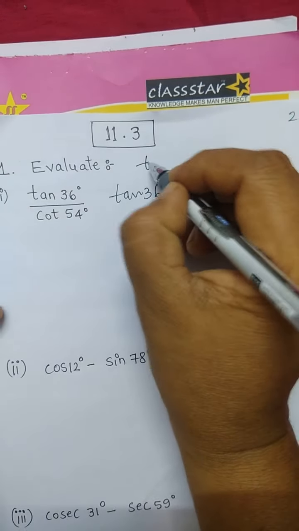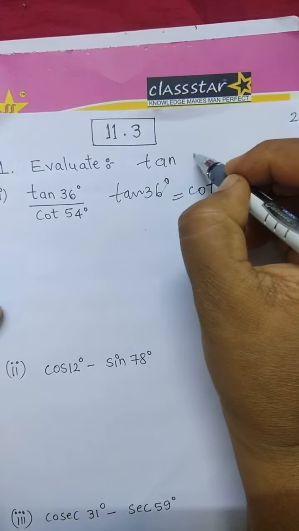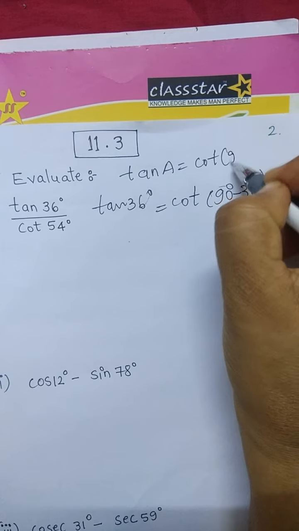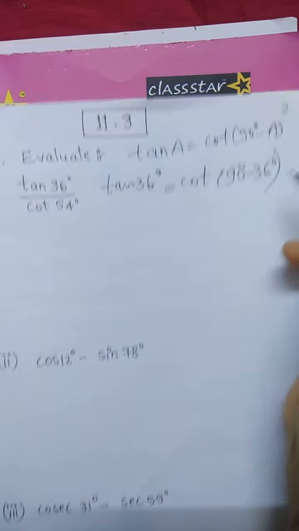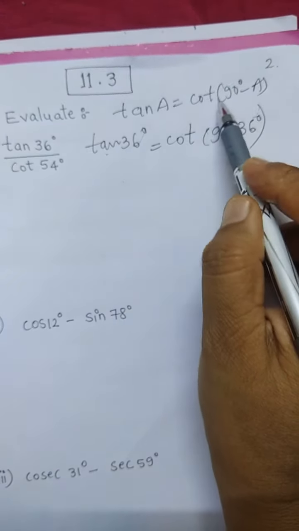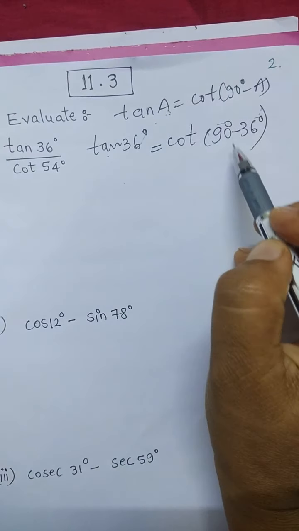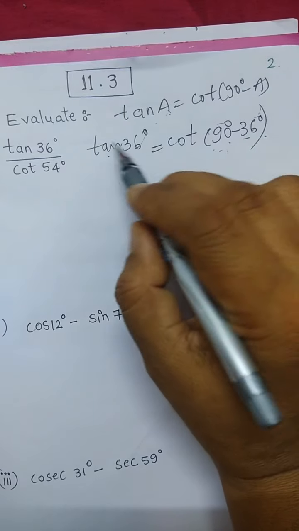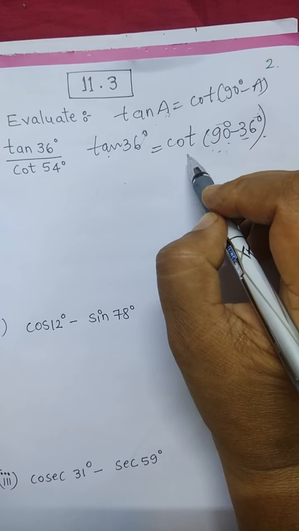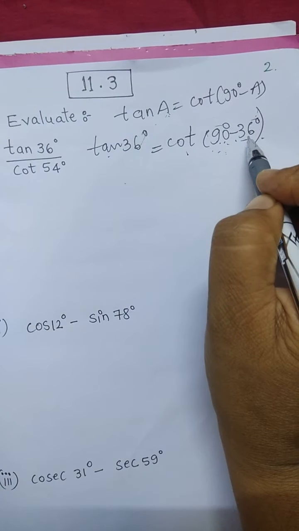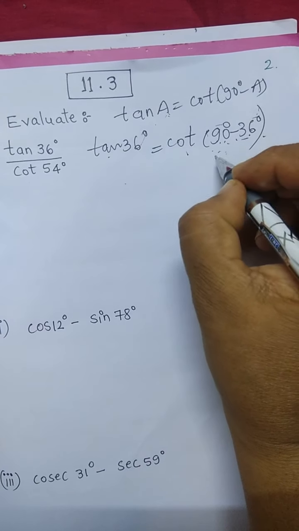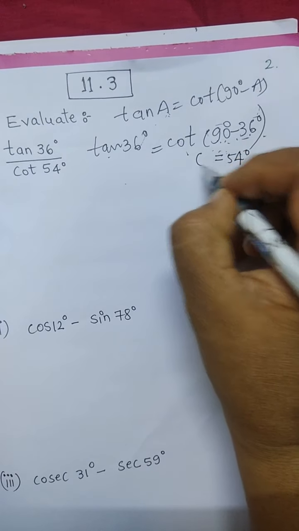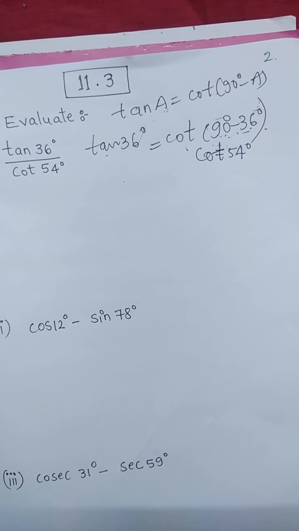Because we know the relation tan A equals cot(90 minus A). When you convert tan into cot, the angle you have to take is the complementary angle, that is 90 minus 36. 90 minus 36 is nothing but 54 degree. So it will be cot 54 degree.